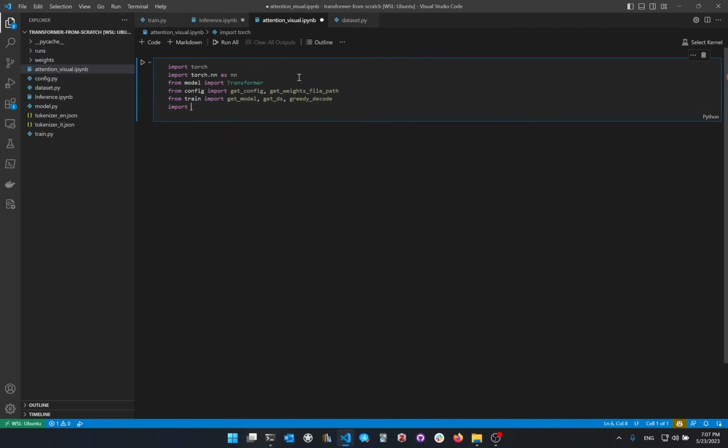I will also be using this library called Altair. It's a visualization library for charts. It's nothing related to deep learning, actually. It's just a visualization function.